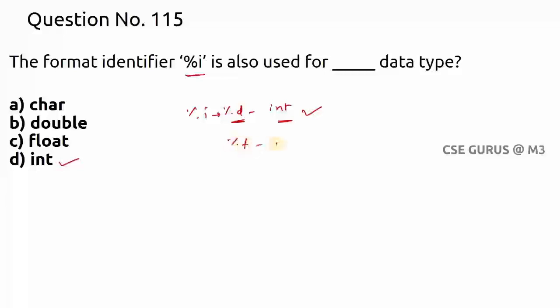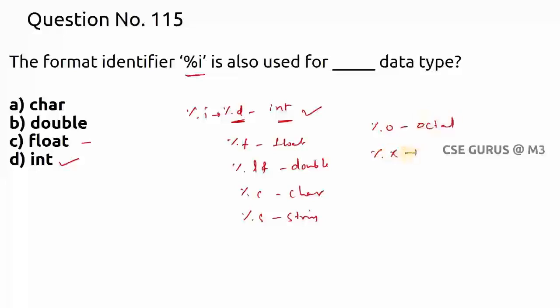Of course, percentile F for float, percentile LF for double, for character percentile C, for string percentile S, and other than this we have percentile O for octal, percentile X for hexadecimal, this is small x for hexadecimal values, and of course percentile P for pointer kind of variables, percentile U for unsigned integers.